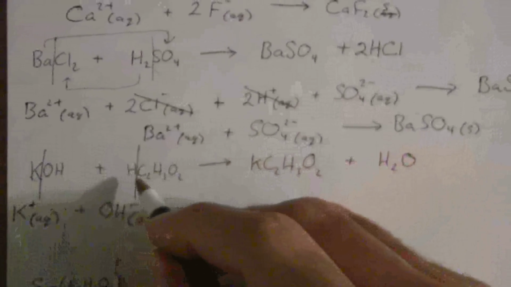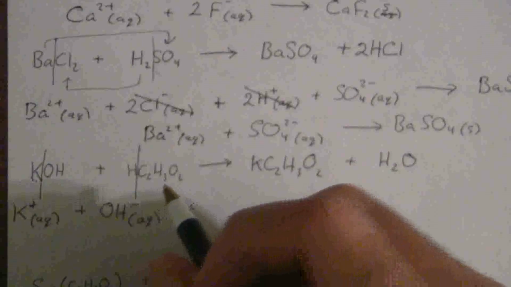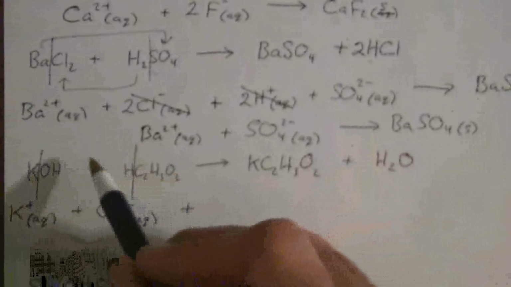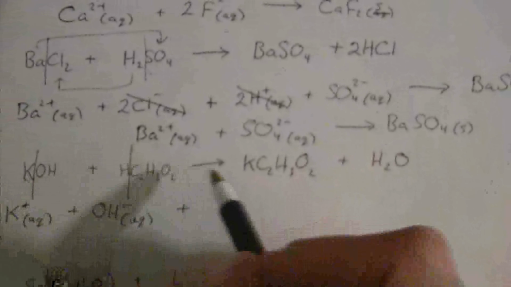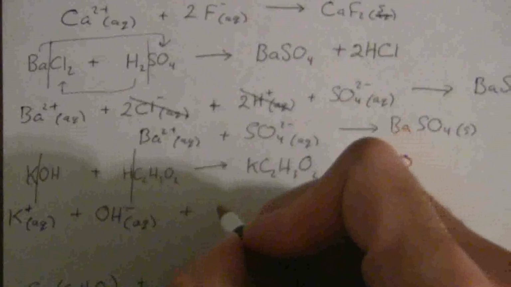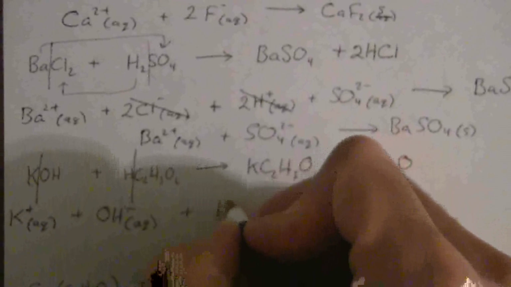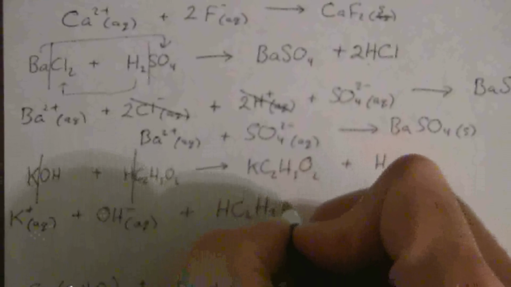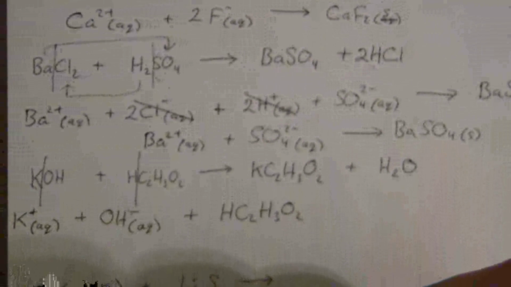So that means this is a weak electrolyte. When it's a weak acid, it's a weak electrolyte, meaning it doesn't dissociate. The hydrogen ions don't dissociate from the acetate ions to a significant extent, which means when we write this in our equation, we write it in its molecular form.